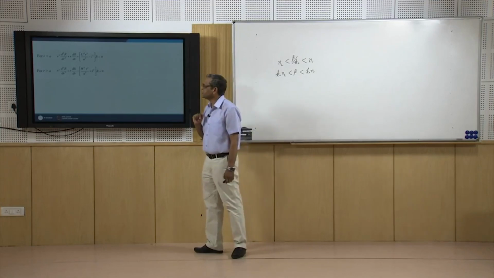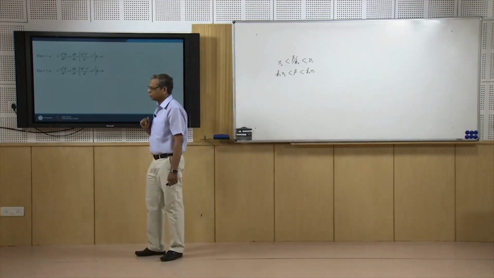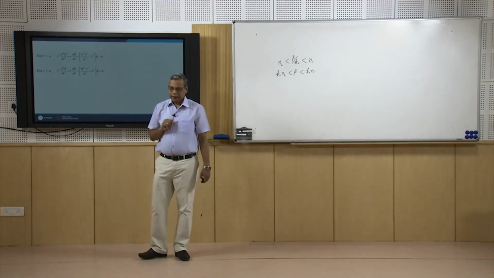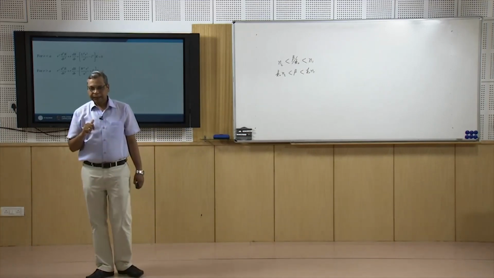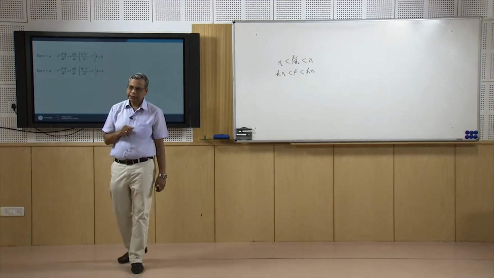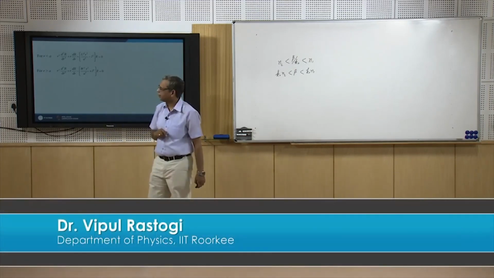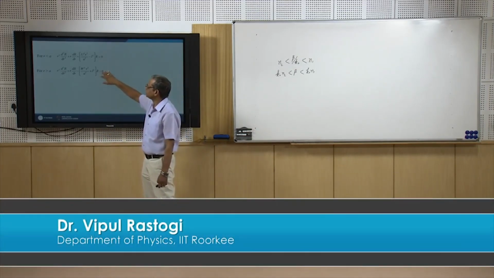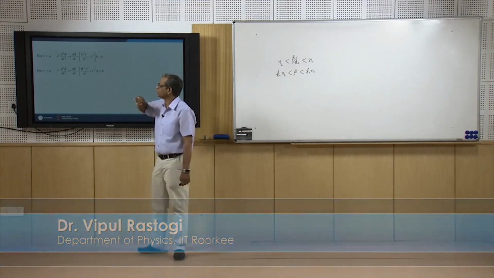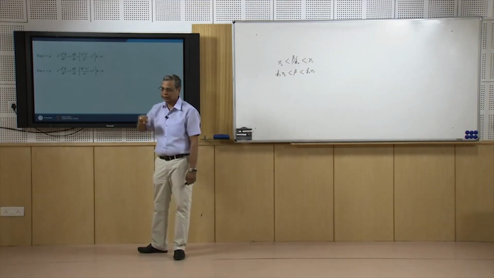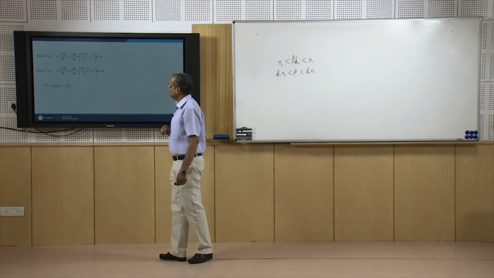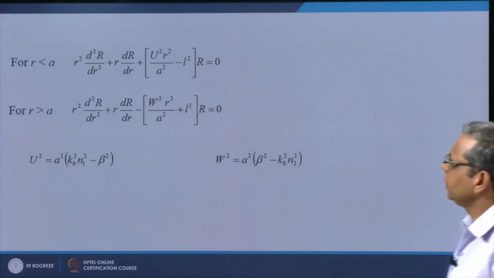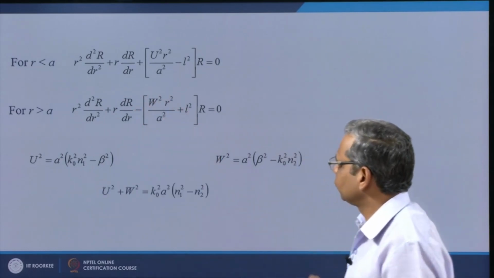So now I have these two equations, I have to solve them. If I have a little background of mathematical physics, then I can immediately see that these are Bessel's equations and the solutions of these equations are Bessel functions.